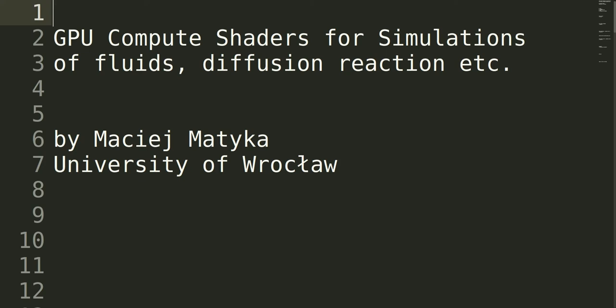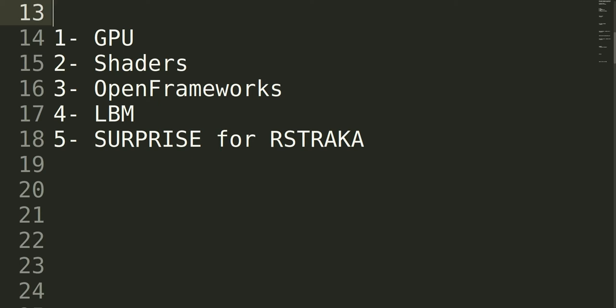So the plan for the talk is the following. First I will tell you a few words about GPU in general, the way I see it. Then I will move into shaders and tell a few words about why I will use OpenFrameworks and not OpenGL directly.